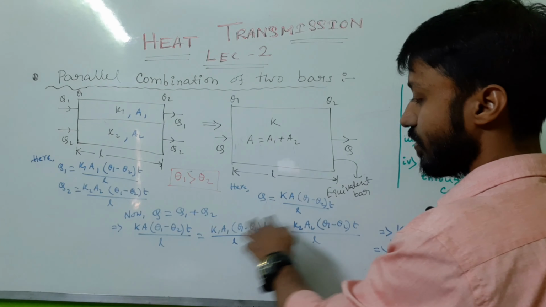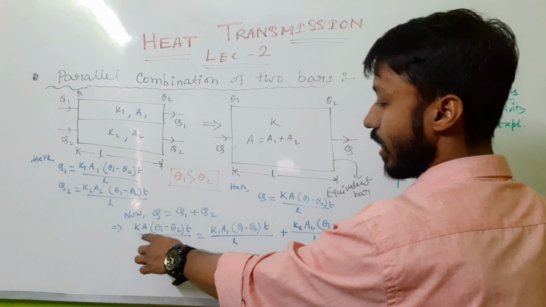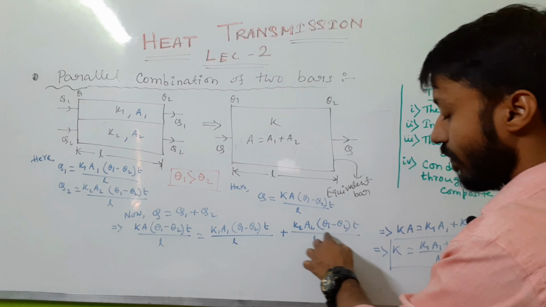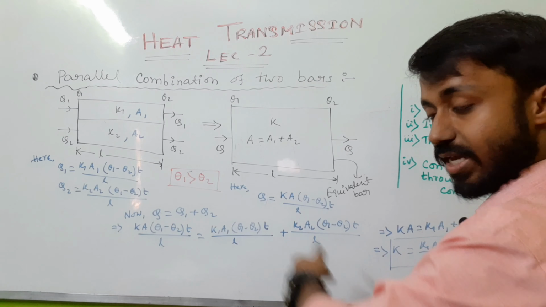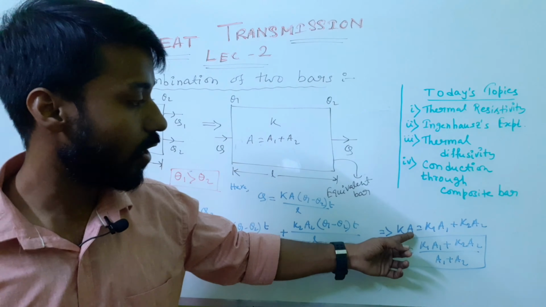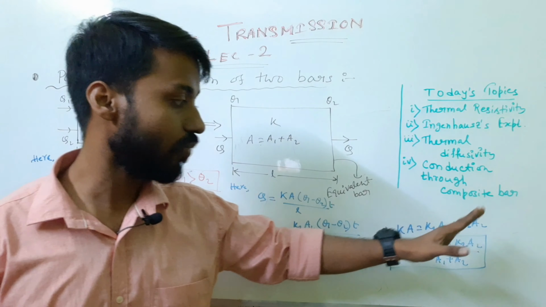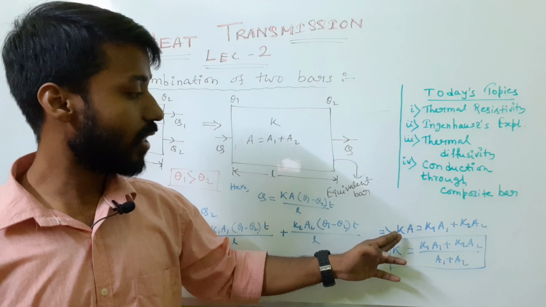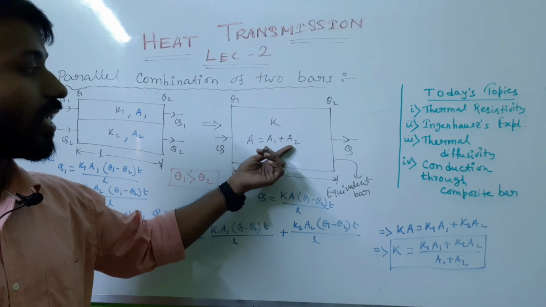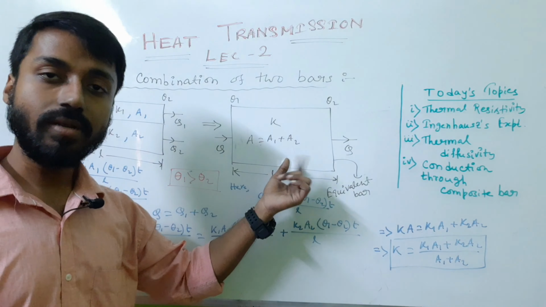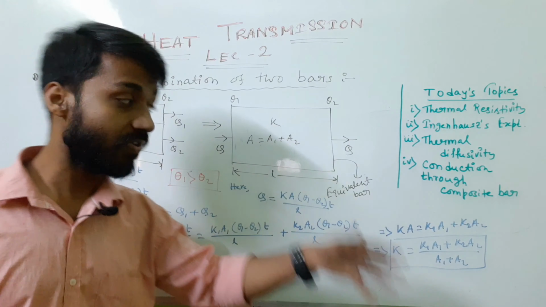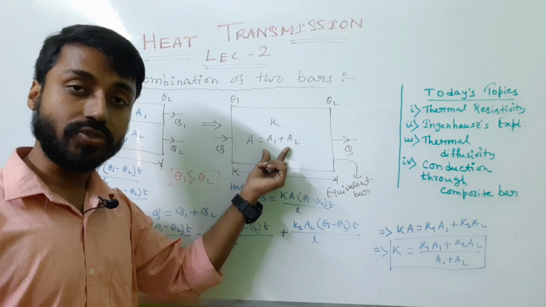Then the values have been written, and see, T, theta 1, theta 2 and L are same for all those three cases. So we can cancel them and we can write this formula, K A equals K1 A1 plus K2 A2. We need to find K, so K will be divided by A. And what is A? A is the total area of this equivalent bar. So this is the equivalent thermal conductivity of this composite slab.